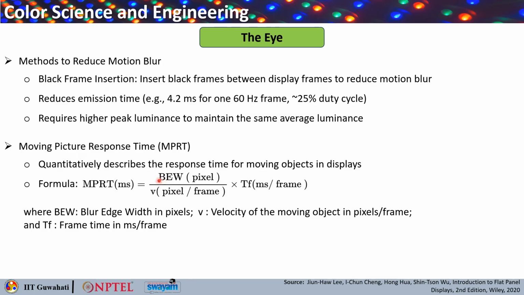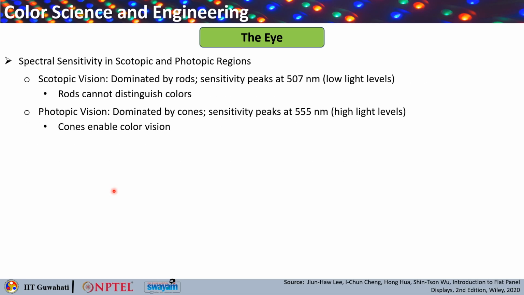It is BEW, the blur edge width calculated in pixels, divided by V, the velocity of the moving object in pixels per frame, times TF, the frame time in milliseconds per frame. With that you obtain the moving picture response time MPRT in milliseconds.